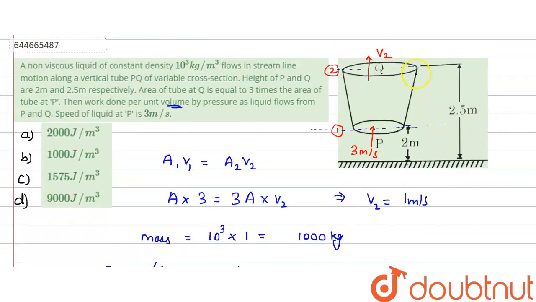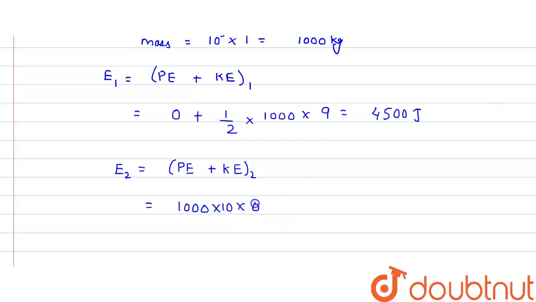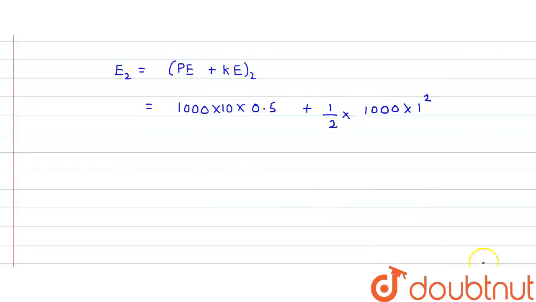Total is 2.5 and the reference is at 2, so the difference from here to here is just 0.5. Kinetic energy would be 1 divided by 2 into m into v square, and v square would be 1 square, which is 1.